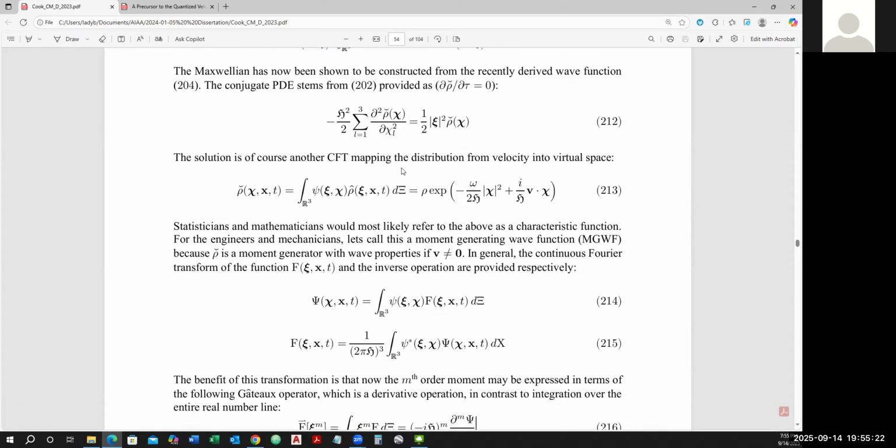So using this Fourier transform, the velocity distribution, it's a function of xi. We take the Fourier transform. It is now a function of chi. It is now a type of moment generating function, so it stores the moments.